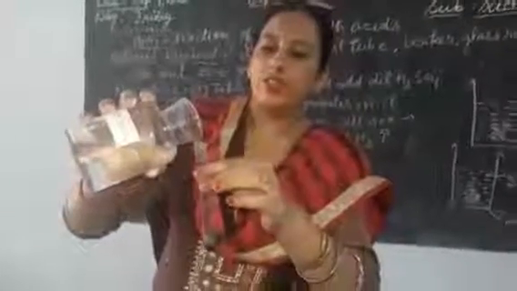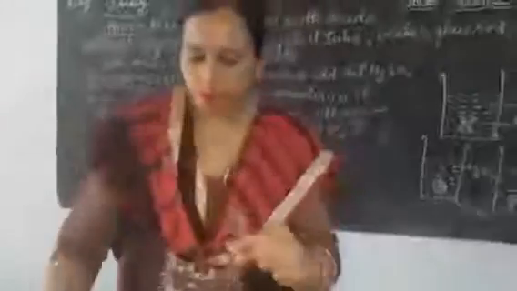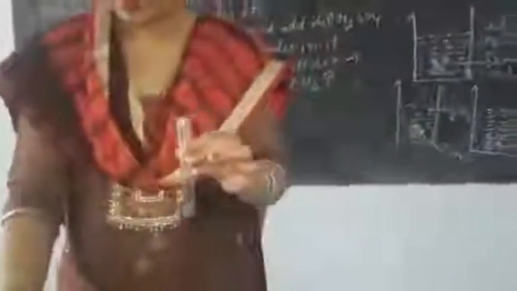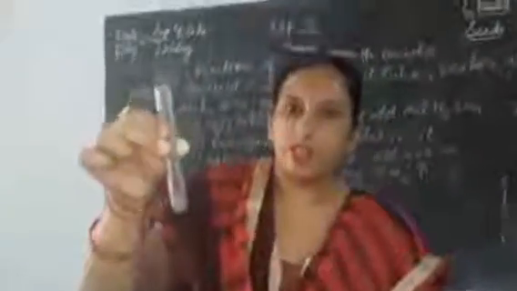We add some sulfuric acid into it. And iron reacts with sulfuric acid, then iron sulfate of green color will be formed after some time. This reaction will take some time.